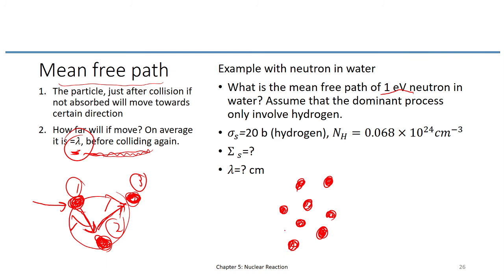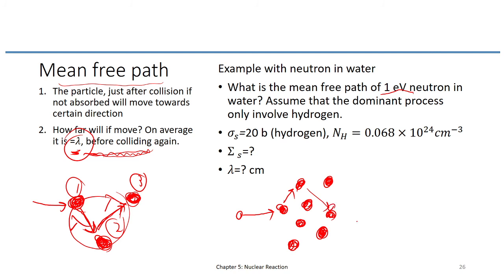The neutron will dominantly interact with hydrogen. So this neutron was scattered.